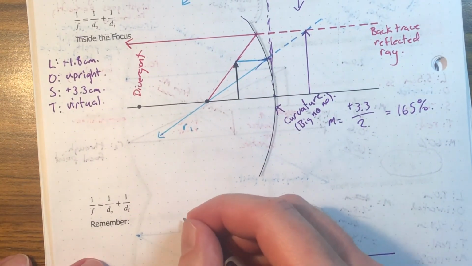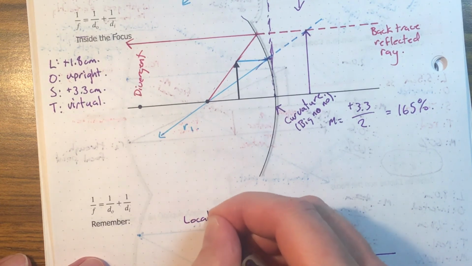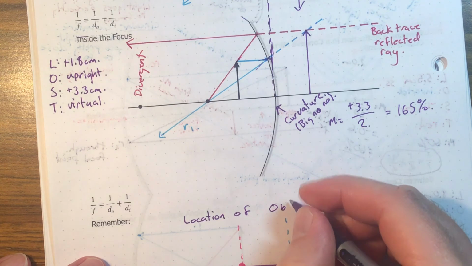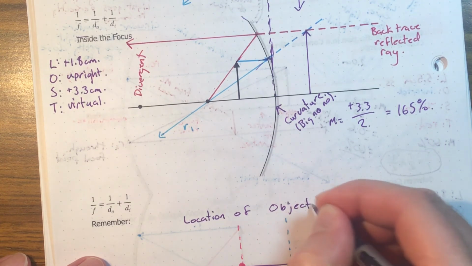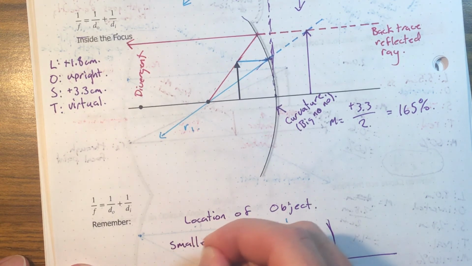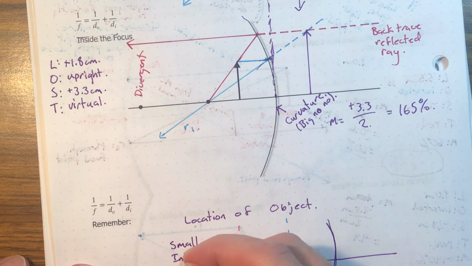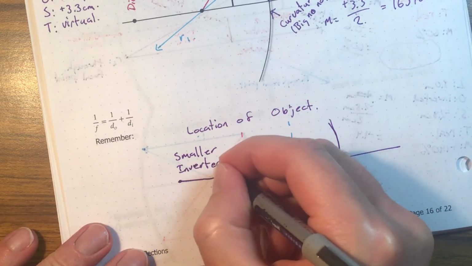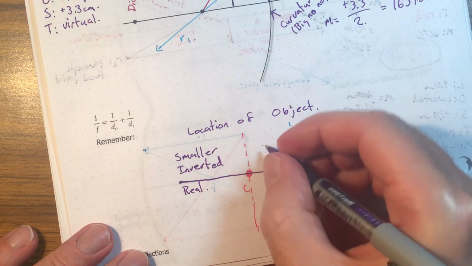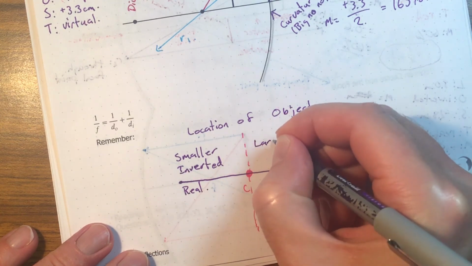So, location of object. If it's in here, we're going to get smaller, inverted, and real. In here, we're going to get larger.